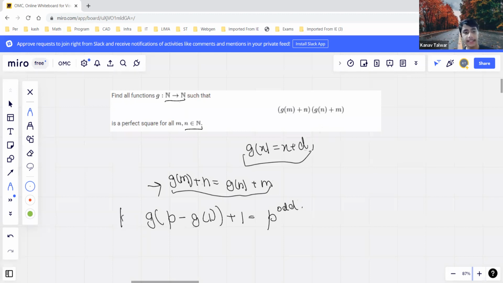So that odd power can be literally anything. So you actually have that p divides this, right? So can you generalize this? This is a very good idea. Just try to generalize this.